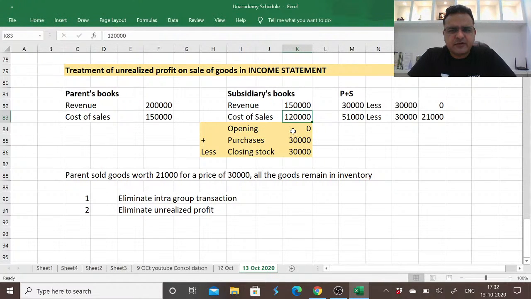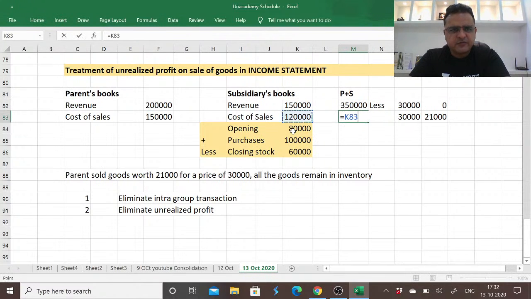Then the cost of sales figure would have an opening balance, say 80,000, plus purchases 100,000, less closing stock 60,000. We got cost of sales of 120. So when we do P plus S, it turns out to be equivalent to 2 lakh plus 150, and cost of sales is equal to 150 plus 120.